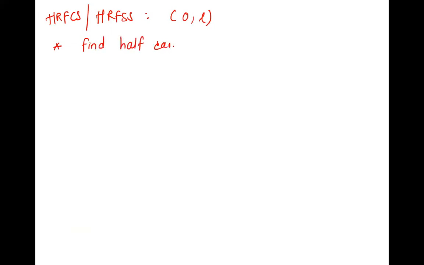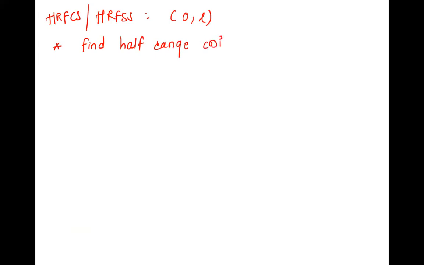So we'll go to the next. Then half range. We'll see two questions. Half range. So what will be the interval here? 0 to L. Okay. So we'll write the question. Find half range. Change the word. There is the word half range now.